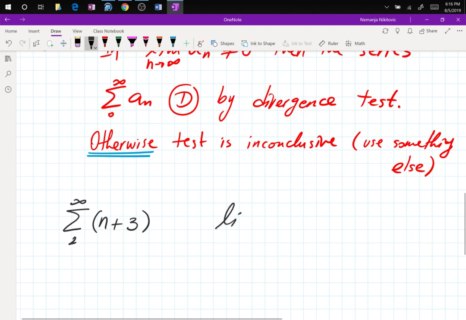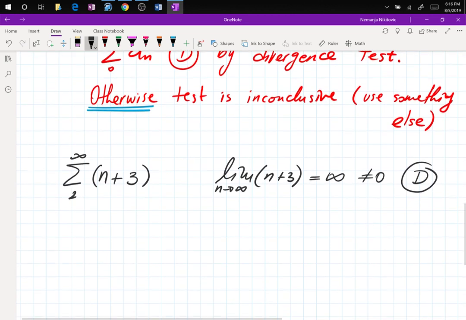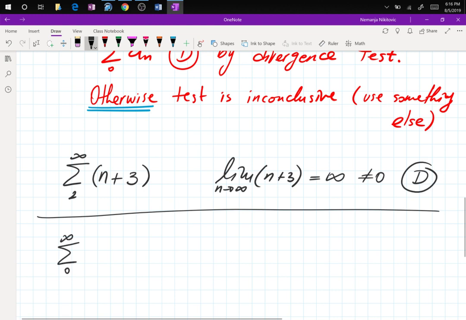You say the limit of n plus 3 as n goes to infinity is equal to infinity, which is different than 0, so it diverges. Done. Next example. Summation, let's say 0 to infinity, of 1 over n plus 3.